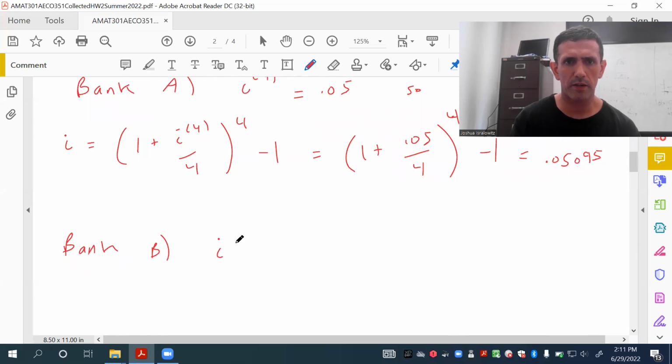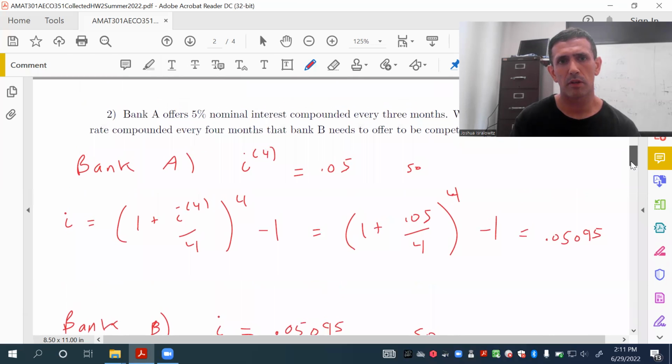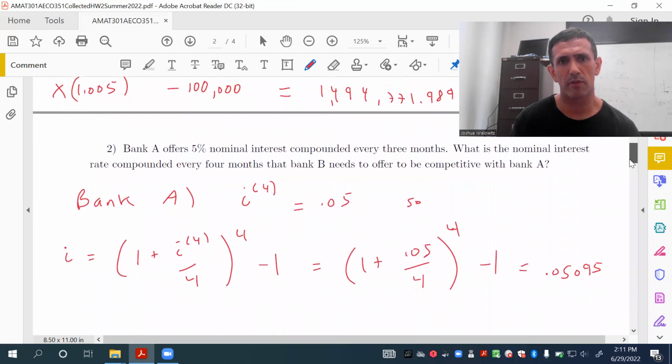Okay, so again, we want the two banks to have the same effective annual interest rate for them to be competitive with each other. Or rather, Bank B has to offer at least 0.05095 for its effective annual interest rate to be competitive with A. So let's figure out what that means for Bank B's nominal interest rate compounded every 4 months.